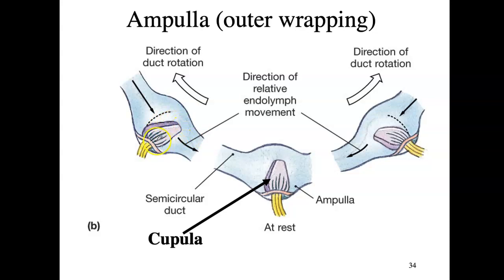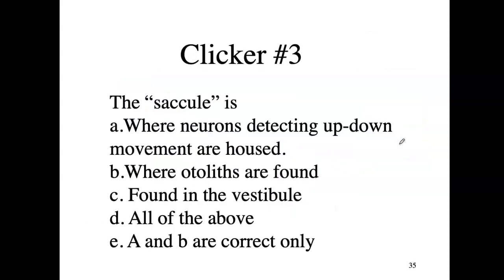The bending of the cupula is going to send a signal off to the nerve right there. Or if the direction of your rotation is the other way, it's essentially the neuron getting left behind, and then it has to catch up. The point at which it's left behind, because you're moving your head, is where the signal comes saying, hey, you're moving in one of these directions.